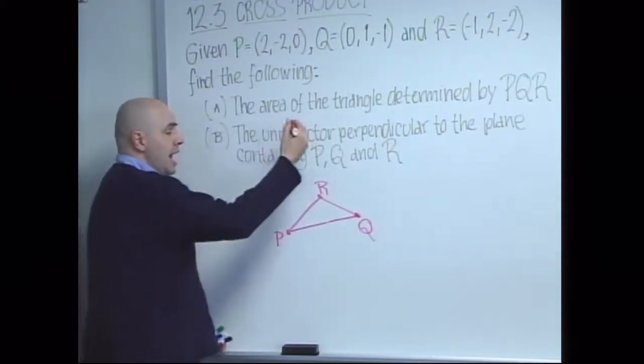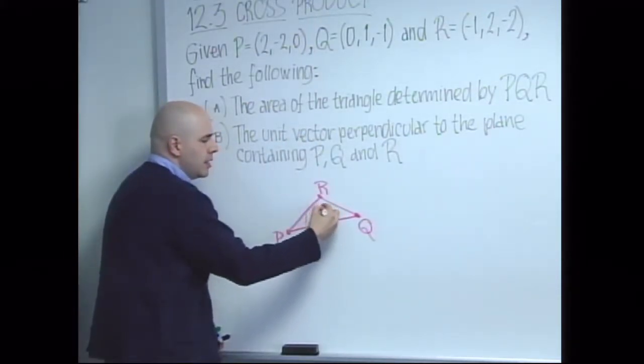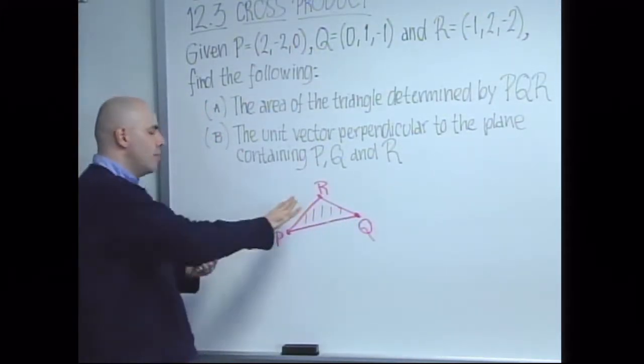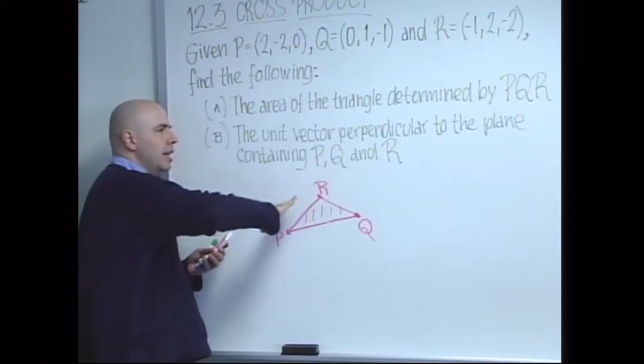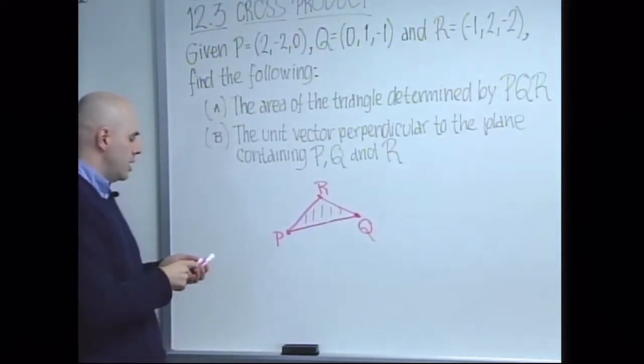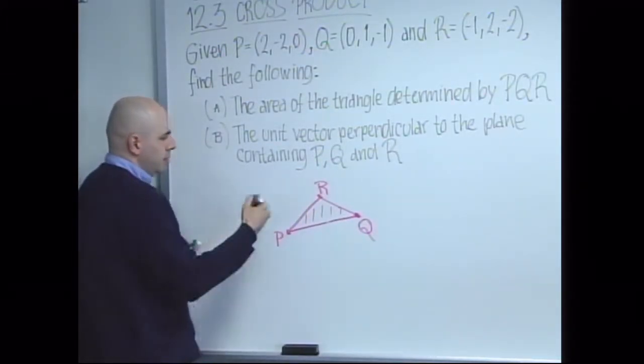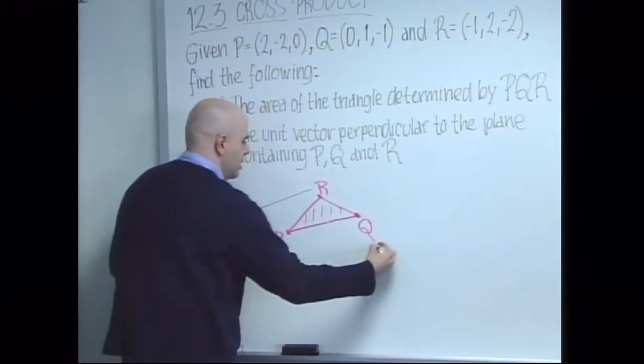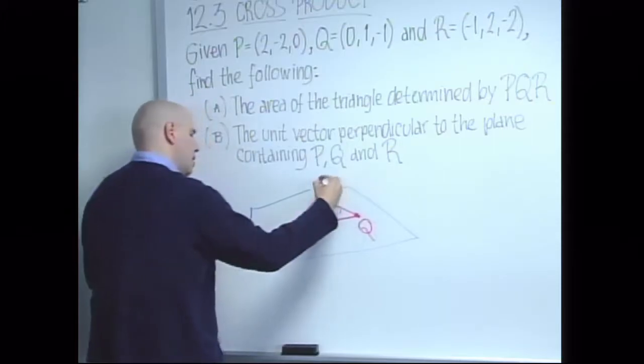The first thing they're asking you is to compute the area of this triangle. The second thing is that this triangle is going to be contained in a plane in 3-dimensional space. Suppose this is the plane where the triangle is contained.